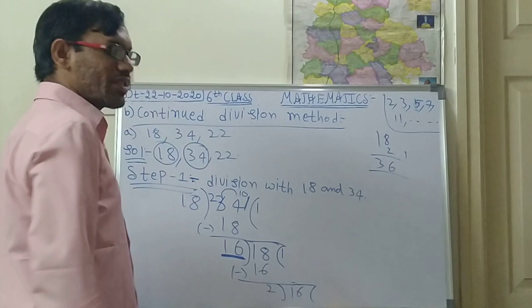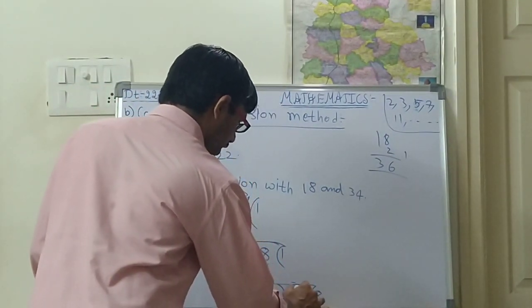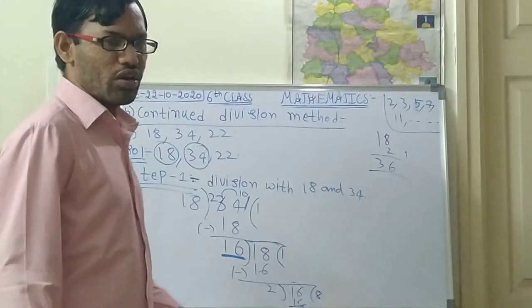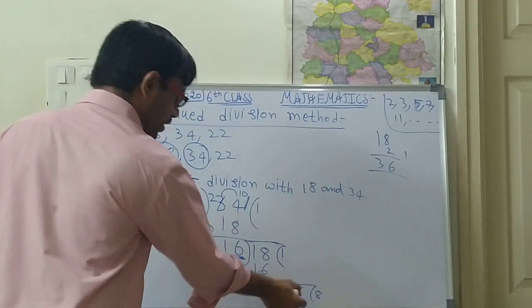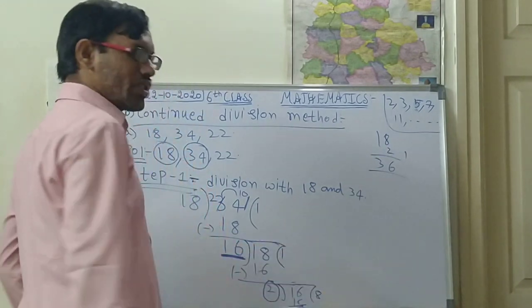In the 2 table, does 16 go? Yes, 2 eights are 16. So what is the remainder? The remainder is 0, since 16 minus 16 is 0. So here we got the remainder as 0. What is the HCF here? 2 is the HCF.